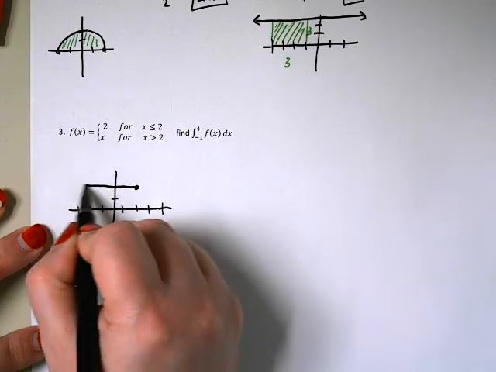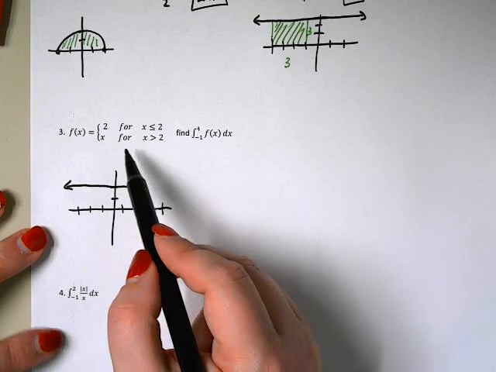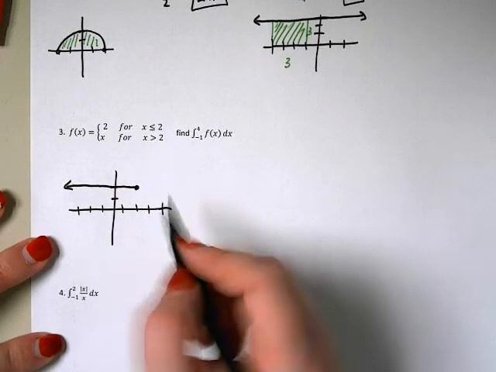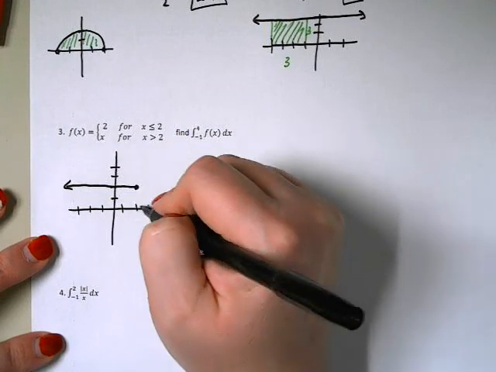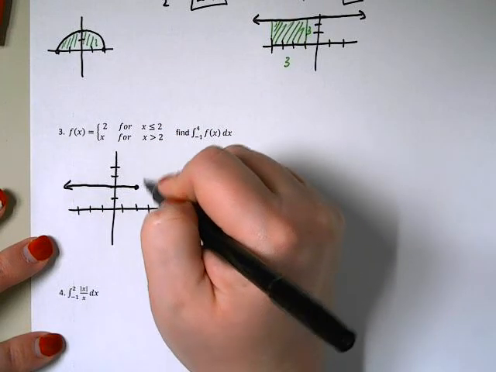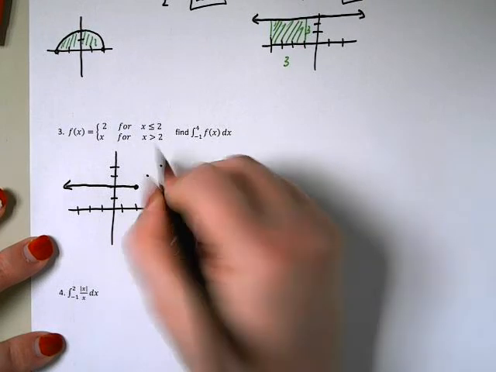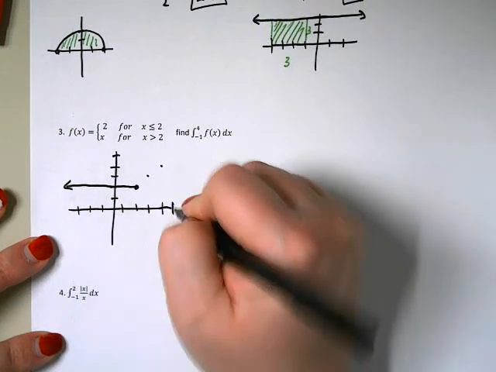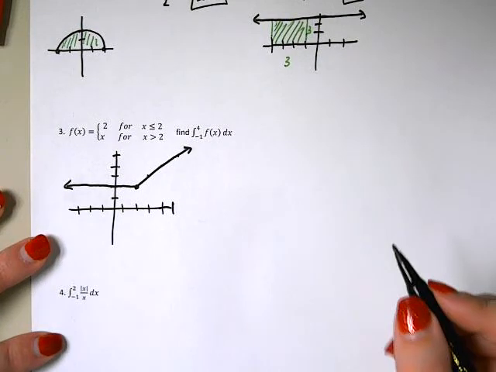And it's going to be a closed circle because it is equal to 2. And then let's see, it's x for when x is greater than 2. So at 2, we would technically have an open circle, and then we're going to use a slope of 1. And I'm going to go one more value out, I think. And this is going to extend out this way.